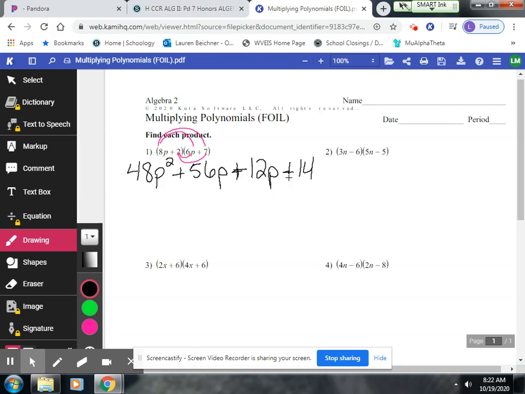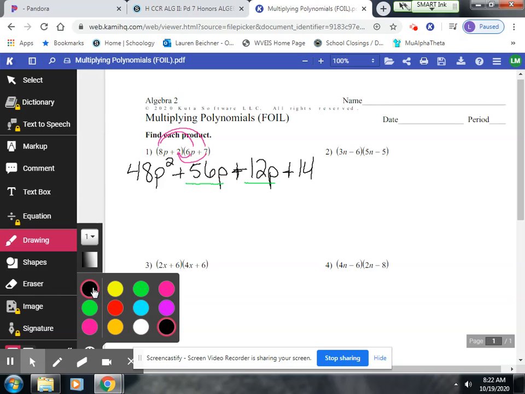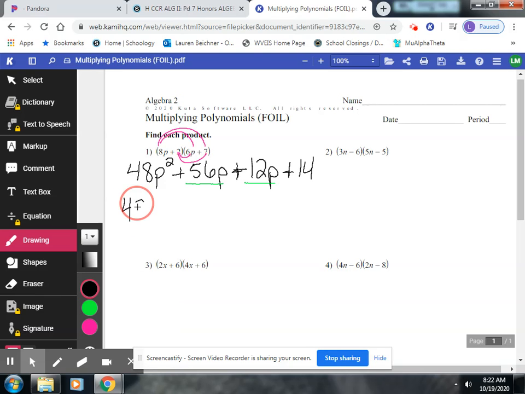We have to go through and look at what terms we can combine. The only two terms that are alike are the 56p and the 12p. There is no other p squared, so I have 48p squared as part of my answer. My 56p and 12p, I'm going to add together the 56 and the 12, so that will give me a plus 68p, because 56 plus 12 is 68.